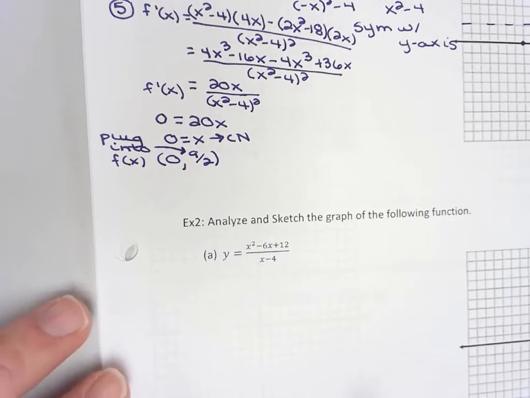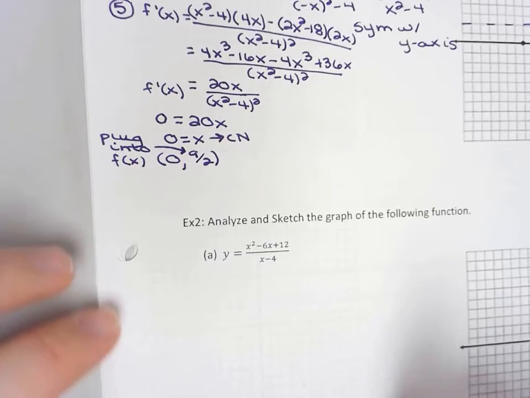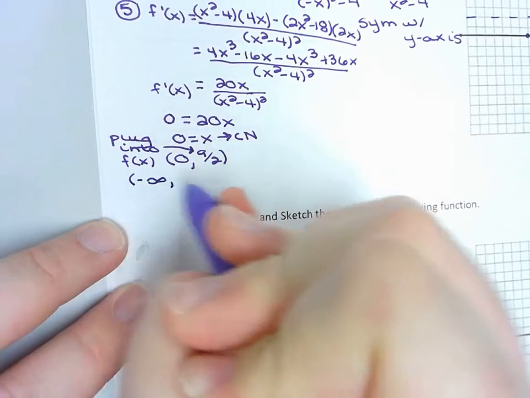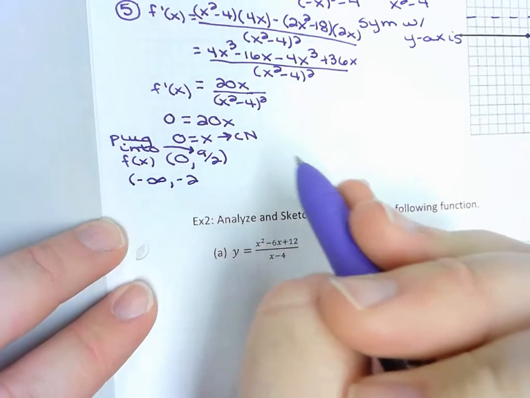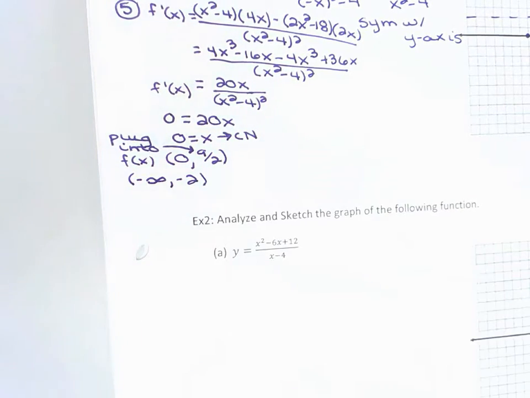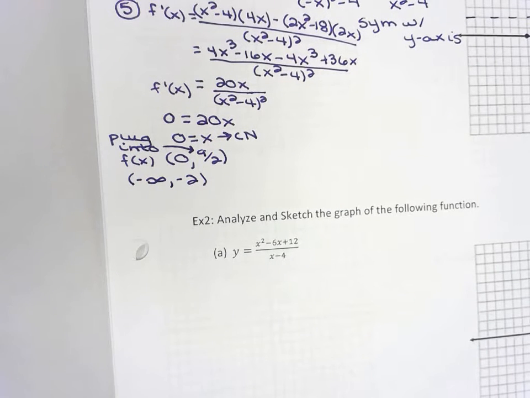So now that I have a critical point, let's go ahead and check my interval and see where I'm increasing or decreasing. So if I check my interval, look at your domain. So it's from negative infinity to negative 2. Do I have to plug in a 9/2 there? What do I have to include in my intervals? 0.